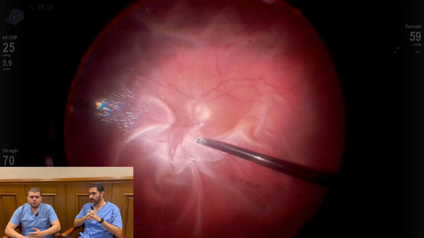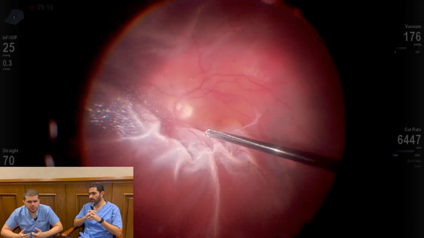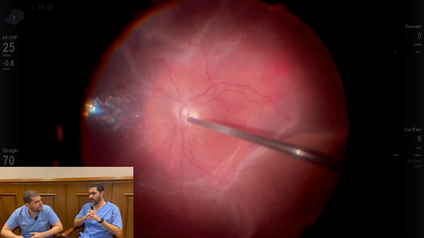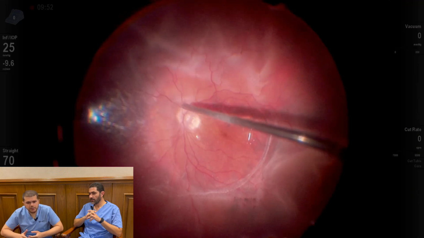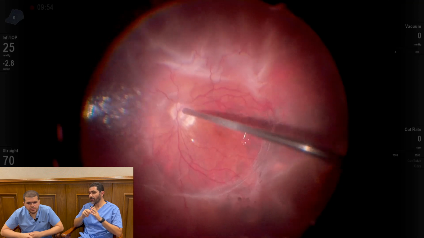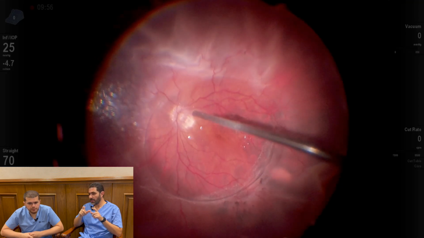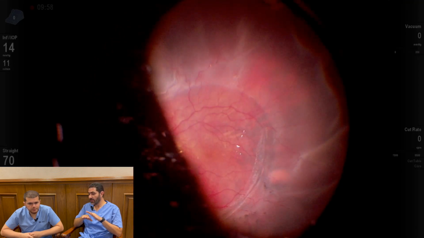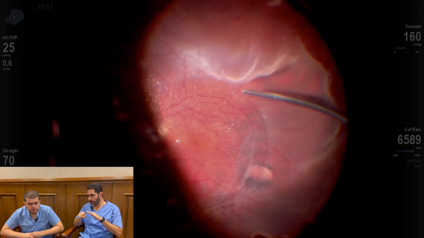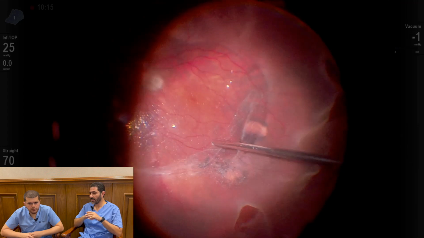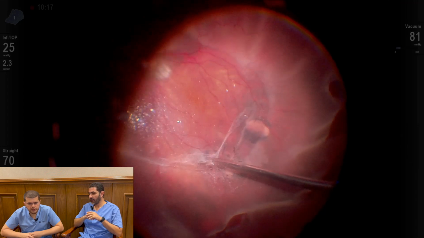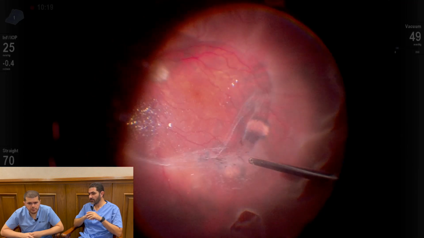But I try to finish as much as possible before injecting PFCL, then shift to PFCL as an additional step. Sometimes this PFCL bubble may propagate and may even dissect below the attachment of the hyaloid, and it may even detach the hyaloid from the retina in some cases. Okay, so yes, this is a nice tip.